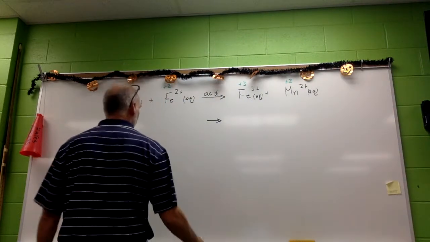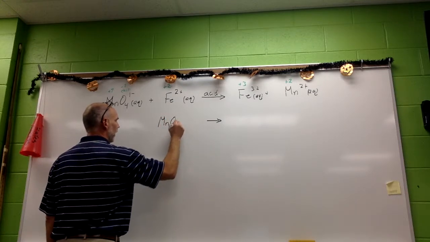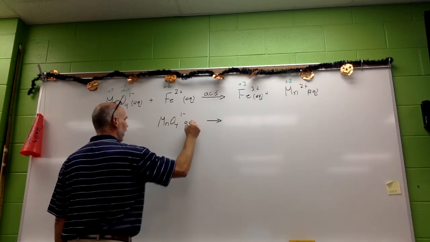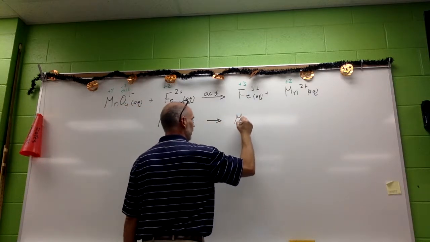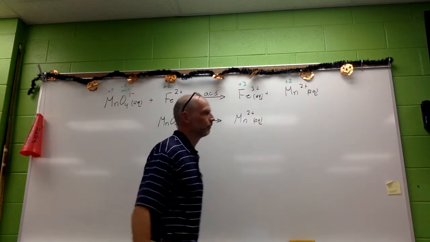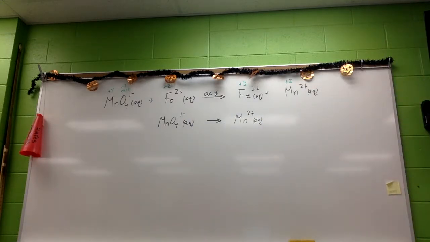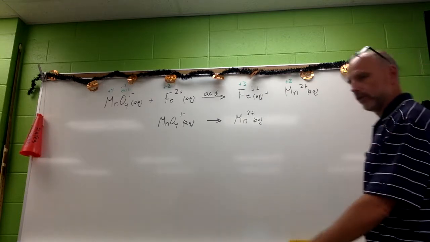Now, what were the species involved in the reduction? Permanganate and manganese 2 ion. So there, we wrote the half reaction. I work with each one separately, as you can see. We're going to come back and apply all these steps to the oxidation one here in a second.